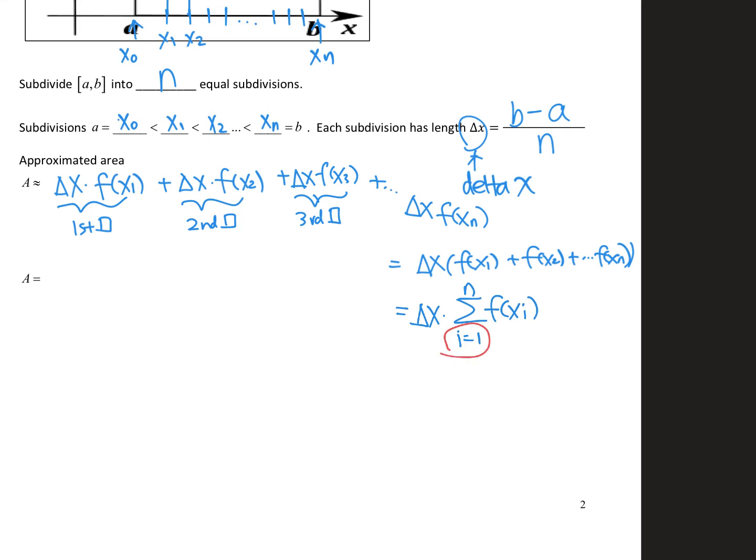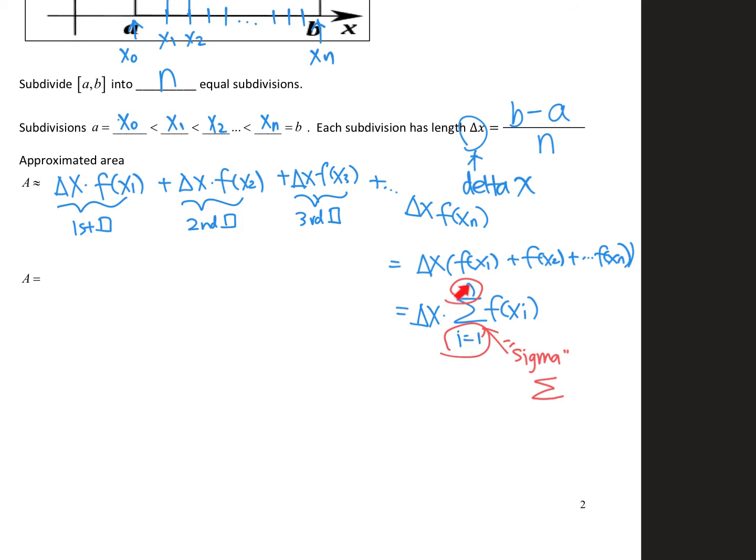This symbol is called sigma. Maybe we should write that down. Sigma is a Greek letter, the equivalent of S in Greek. So it just means sum a bunch of stuff. I'm adding the first thing, the second one, up to the nth one. So it says start from the first one and go all the way to n.